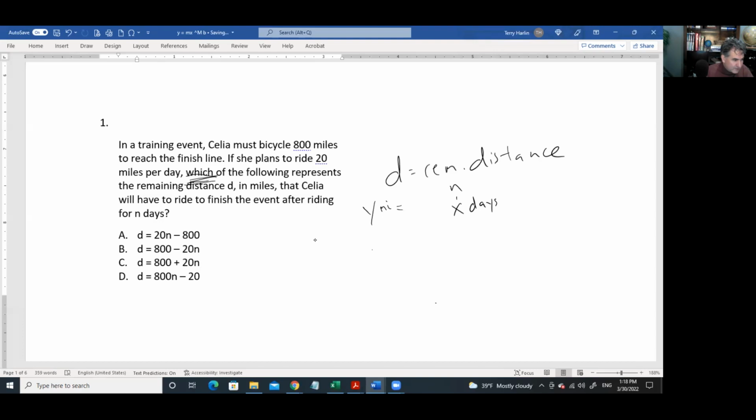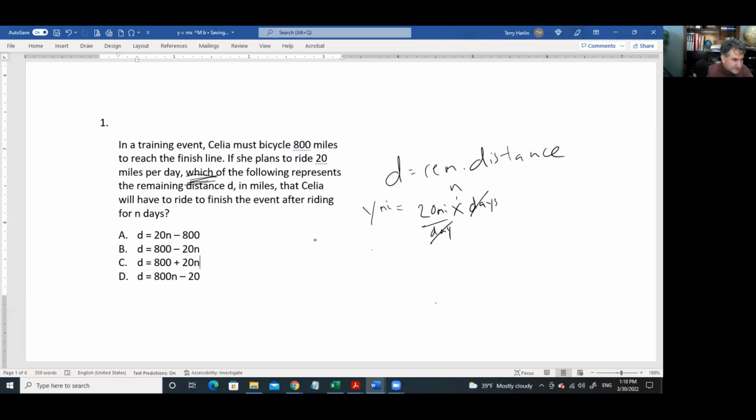Our rate here is 20 miles per day. So we can cross out the days here. And then we go back to the beginning of the prompt.